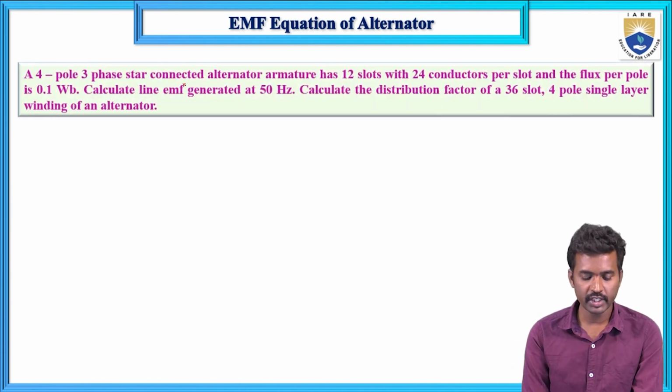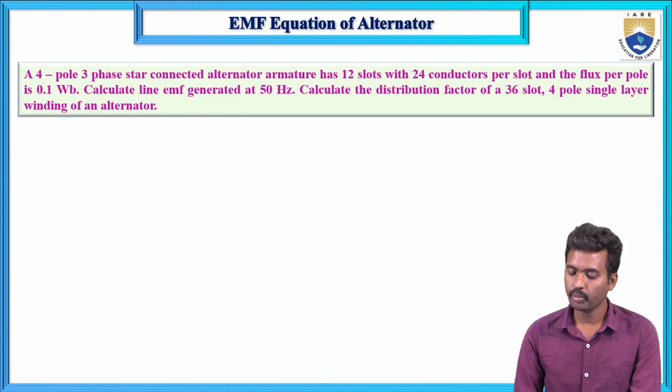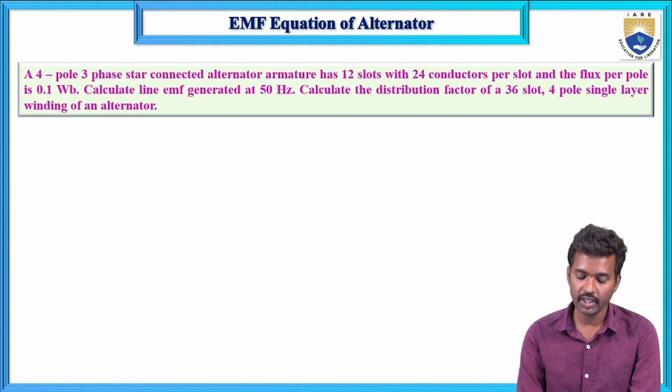Next problem. A 4-pole 3-phase star-connected alternator has 12 slots with 24 conductors per slot, and the flux per pole is 0.1 Weber. Calculate the line EMF EL at 50 Hz.